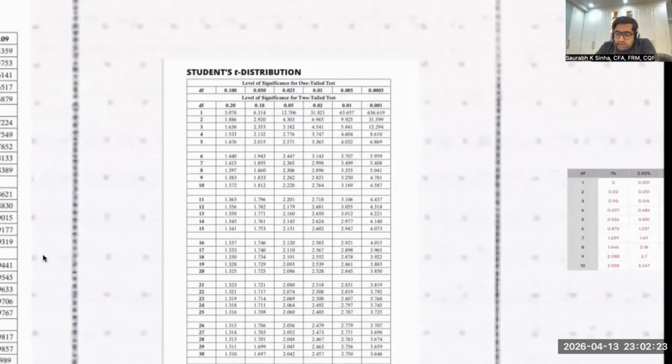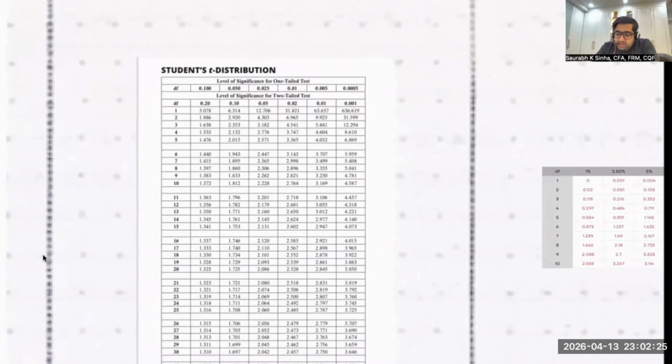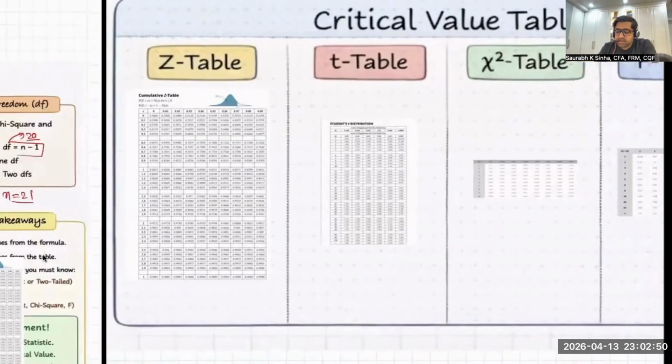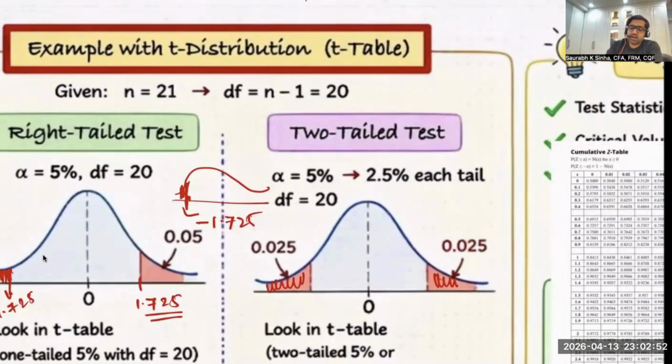Both are the same column, and the degree of freedom is 20. At the intersection of this column and the row where the degree of freedom is 20, the point is 2.086. That is your critical value. If this is positive, then the other has to be negative 2.086, as we discussed in the t distribution discussion.